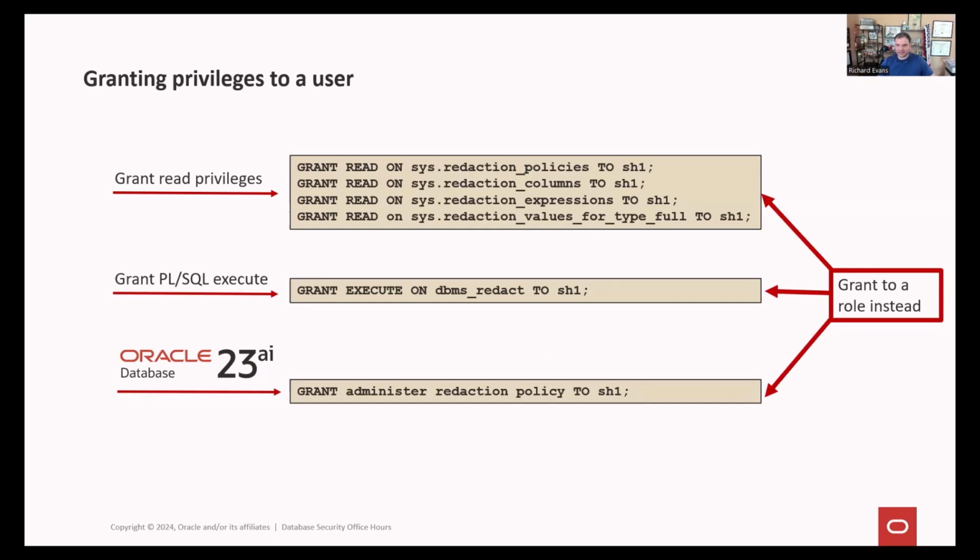Realistically, what I would prefer is for you to grant this to a role instead. Create a redact admin role, create a redact app data role, and then give these reads, this execution on this package, and this system or schema privilege to that role instead of granting it to an individual user.